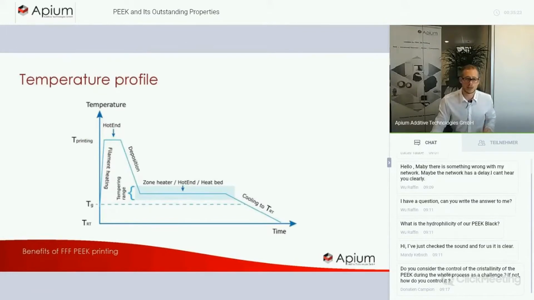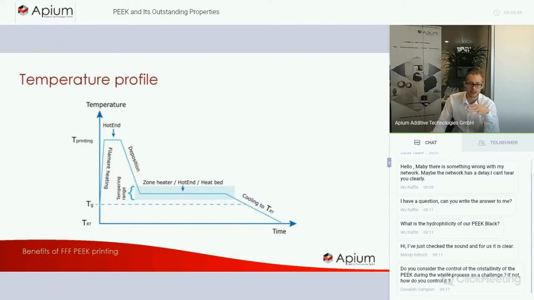And this is where our technology is in principle working. So when we see here over time the temperature that the deposited material sees, we bring it in our hot end or in our printhead into the melt stage. This is where you see here the hot end. Then we deposit it, it already cools down.